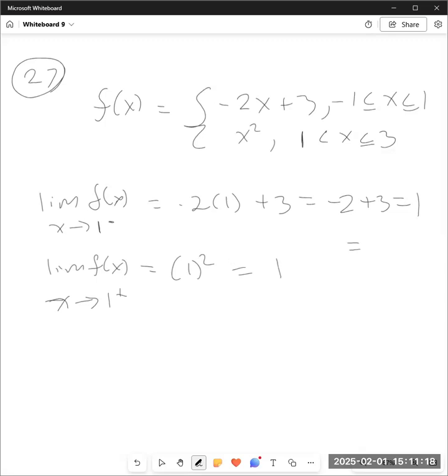And yes, they do equal one another. So f of x is continuous on the entire domain. Watch out here, it's not -infinity to infinity, it's -1 to 3, because I have a lower bound and I have an upper bound here.